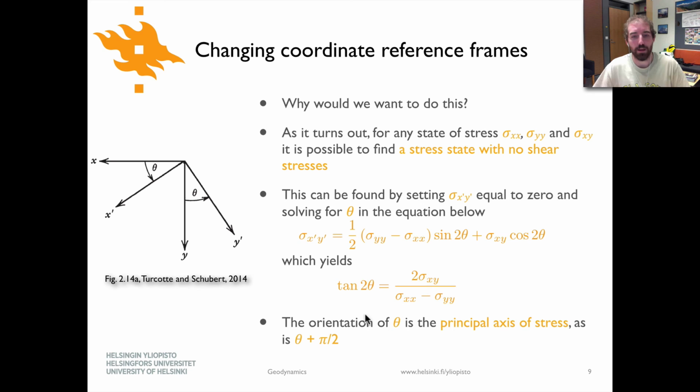And the orientation of this angle theta is the principal axis of stress, as is theta plus pi over 2. So going 90 degrees from that will also be a principal axis of stress.